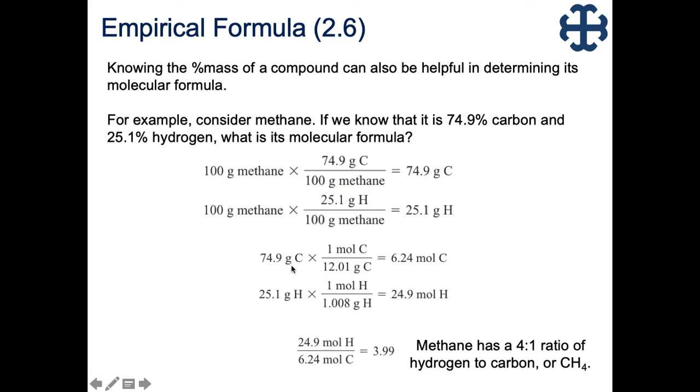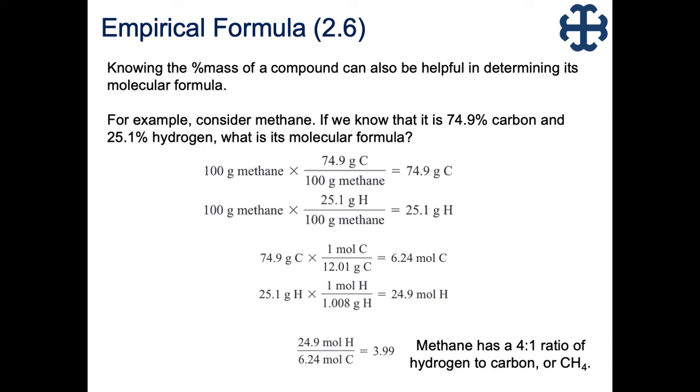For carbon, 74.9 grams of carbon, we divide by the molecular weight of carbon, 12.01 grams of carbon for every mole, and we convert everything to moles. So we would end up with 6.24 moles of carbon and 24.9 moles of hydrogen.